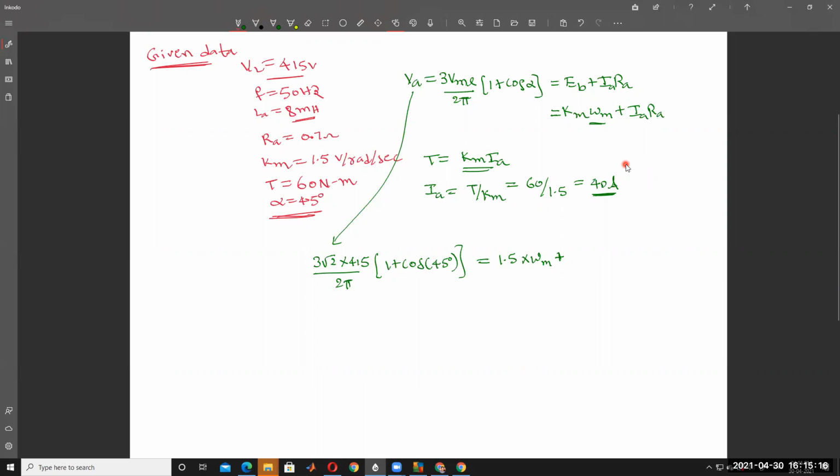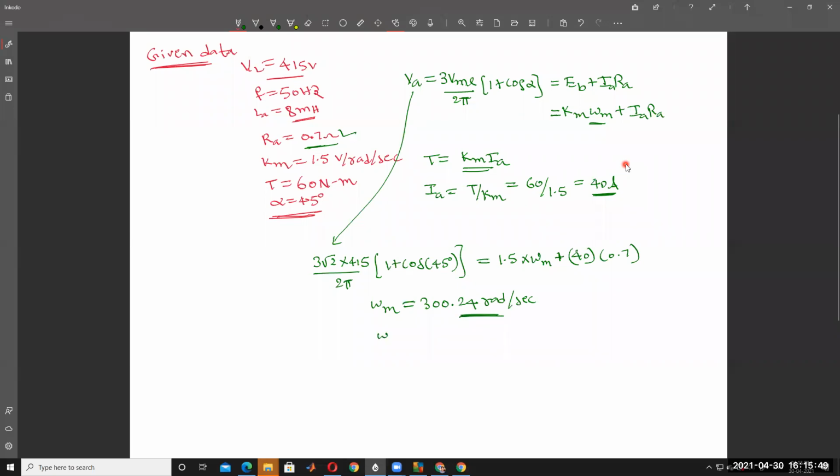Ia is 40 and Ra is 0.7. Then from this relation find omega m. I got 300.24 radians per second. So verify if it is correct or not.